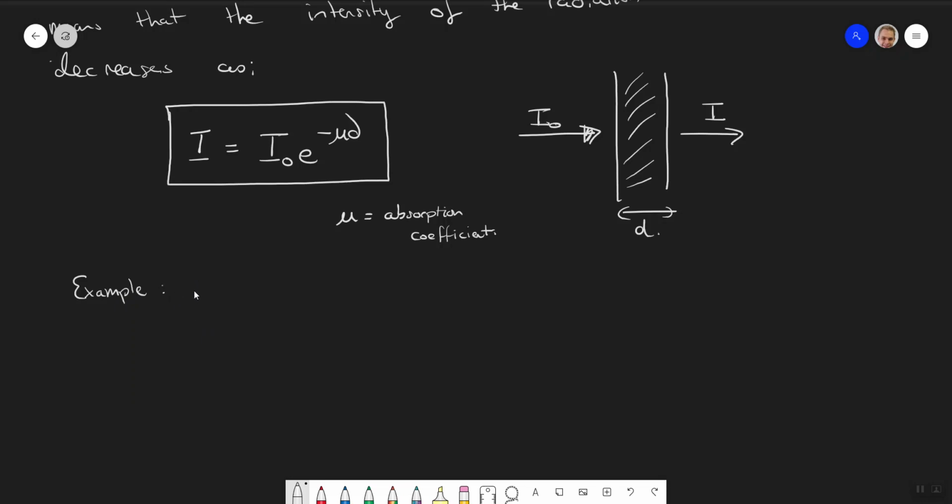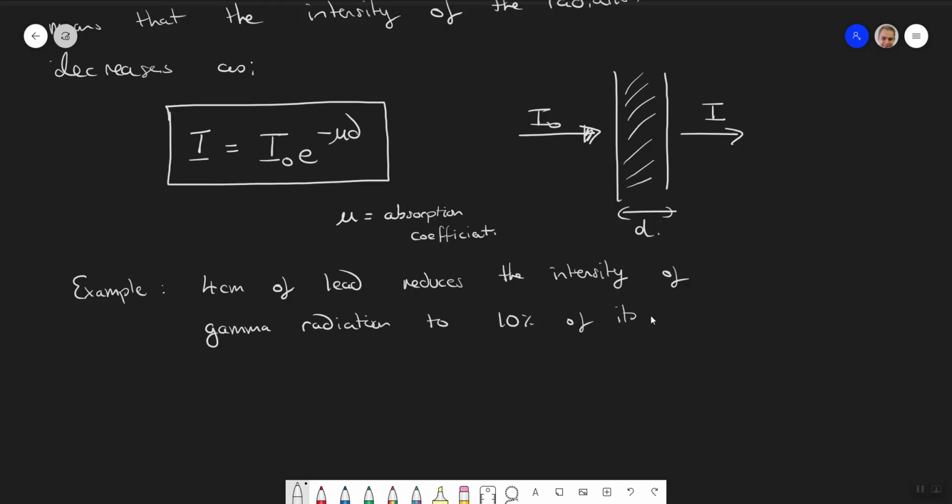4 centimeters of lead reduces the intensity of gamma radiation to 10% of its original value.